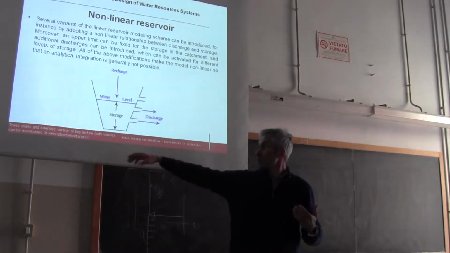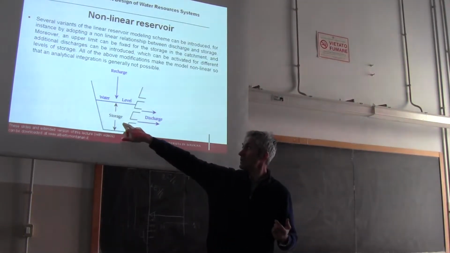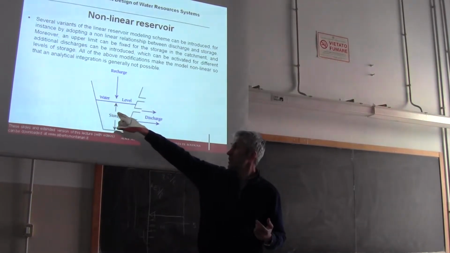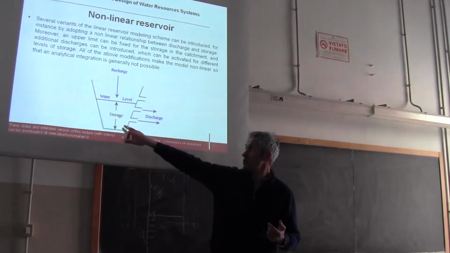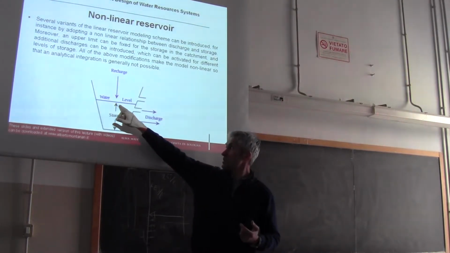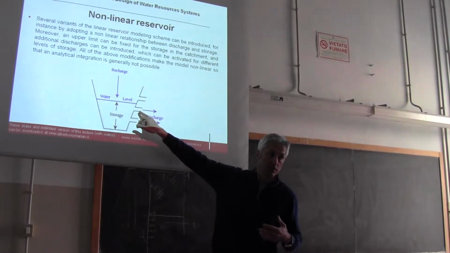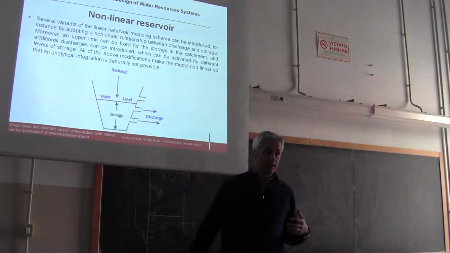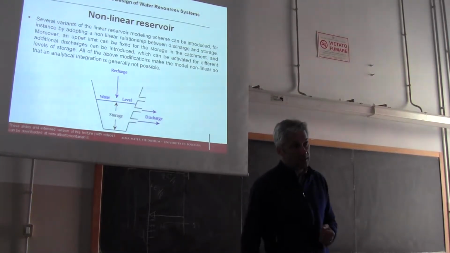exceeds a threshold, like here, this is activated when you get with the storage here, this is activated when you get here, and in the current configuration you see two storages that are activated, given this, two flows, discharges that are activated given this storage, and the third one that is not yet activated.